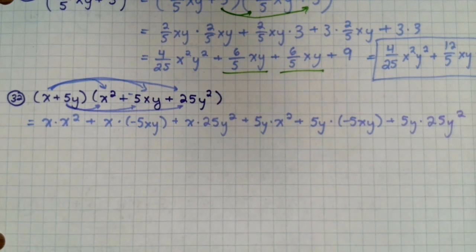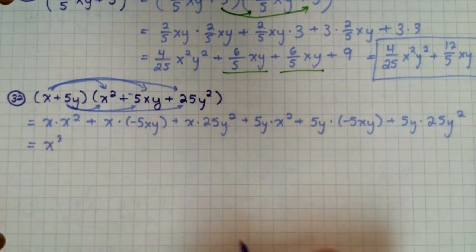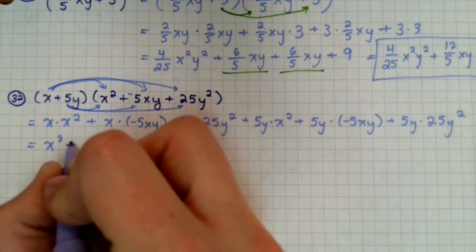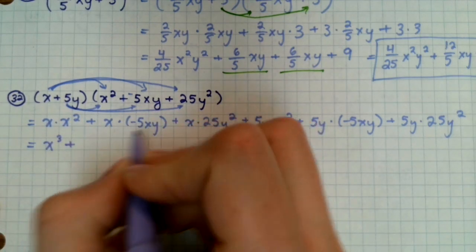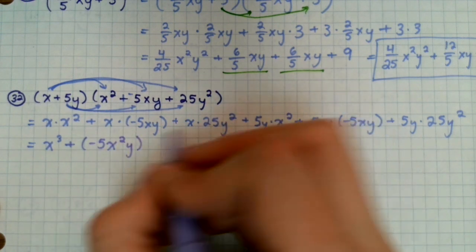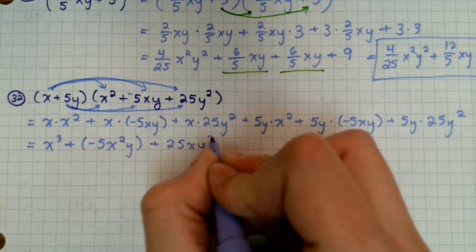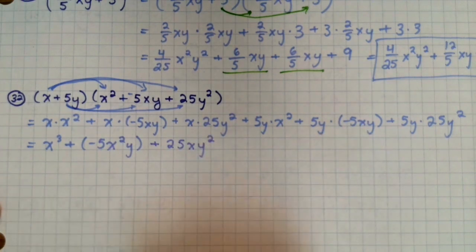So now that we have all of that multiplied out, we need to actually go through and do some of this multiplication and simplify. x times x squared is going to be x cubed, or x to the third power, plus x times negative 5xy is going to be negative 5x squared y, plus this is going to be 25xy squared if we rewrite it in the proper order.